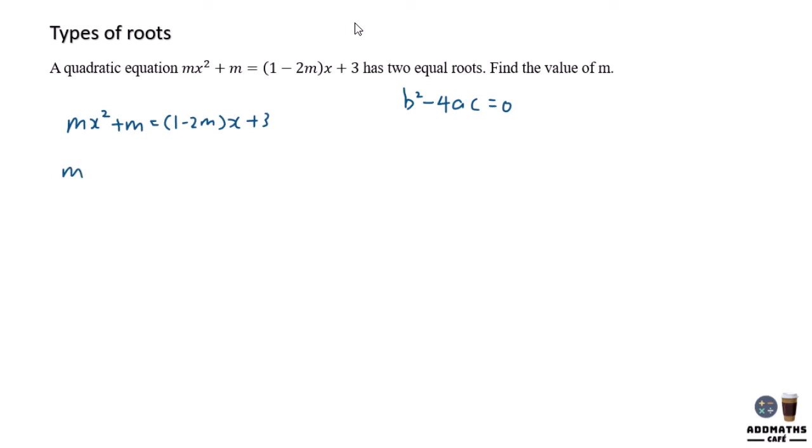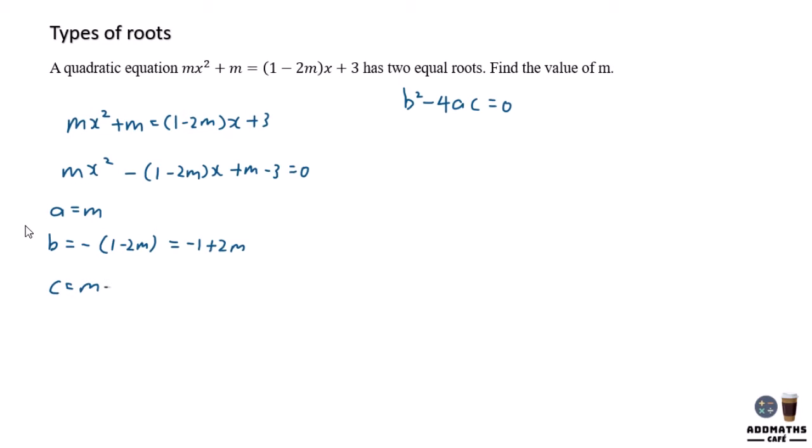So let's bring everything to one side and make it equal to 0. So in this case, you know that your a is m, your b is negative 1 minus 2m, which is negative 1 plus 2m, and c will be m minus 3.